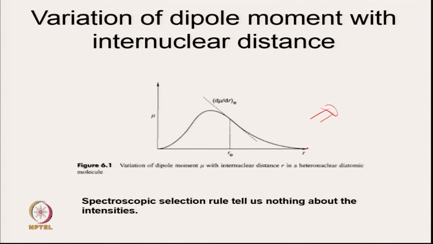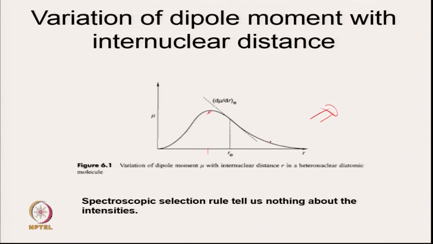In between, there is going to be a maximum dipole moment. At that maximum, d mu by dr is going to be 0.